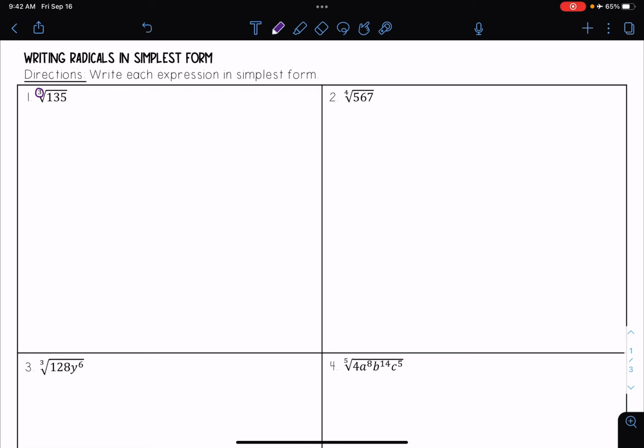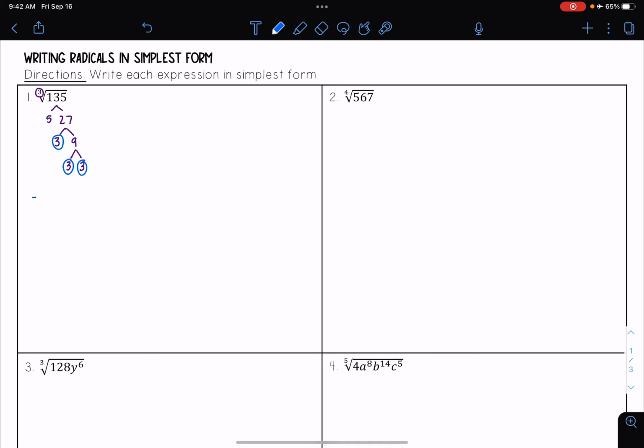Looking at 135, I see first I can break this down by 5. 135 divided by 5, I get 5 times 27 is 135. 27 can be broken down by 3 times 9. And then 9 is 3 times 3. So I see here that I have 1, 2, 3 3s. So that means I can take a 3 out.